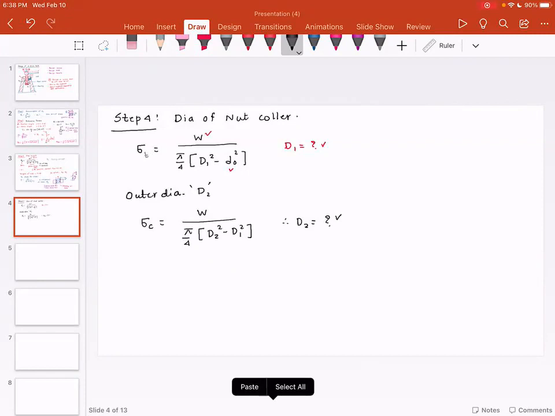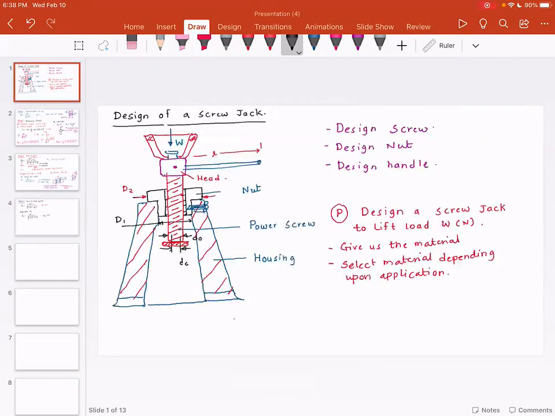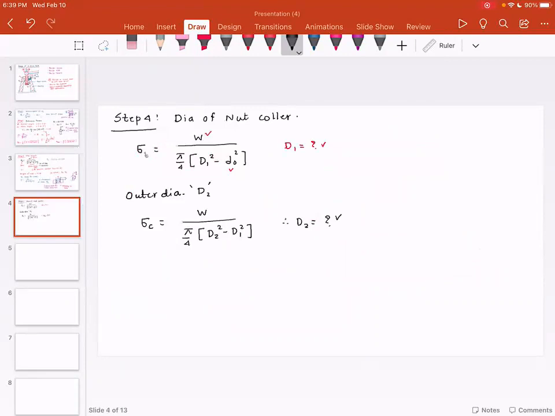Now, the last but not least is the thickness of the nut. This is the thickness, so I'm going to call this T1. And if you look at the failure of the nut thickness T1, that is due to circumferential shear. So thickness T1 is tau equal to W divided by pi D1 T1.